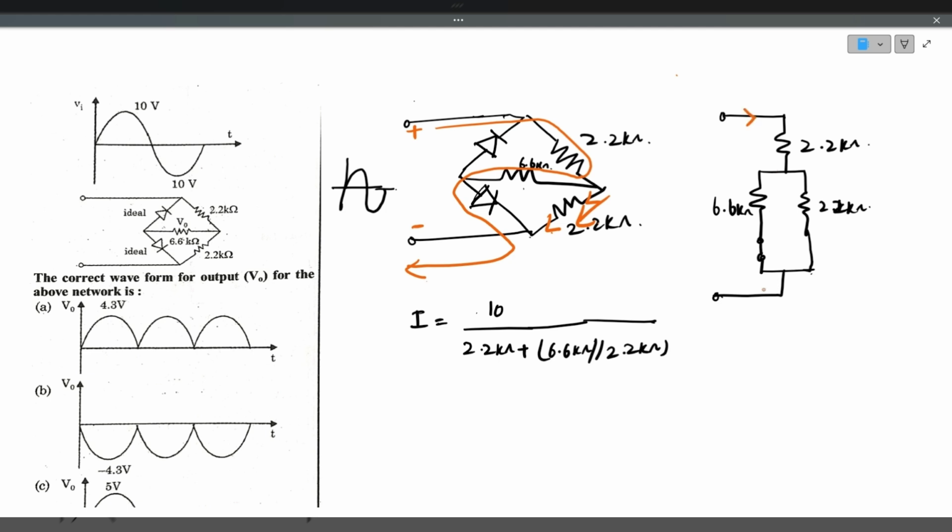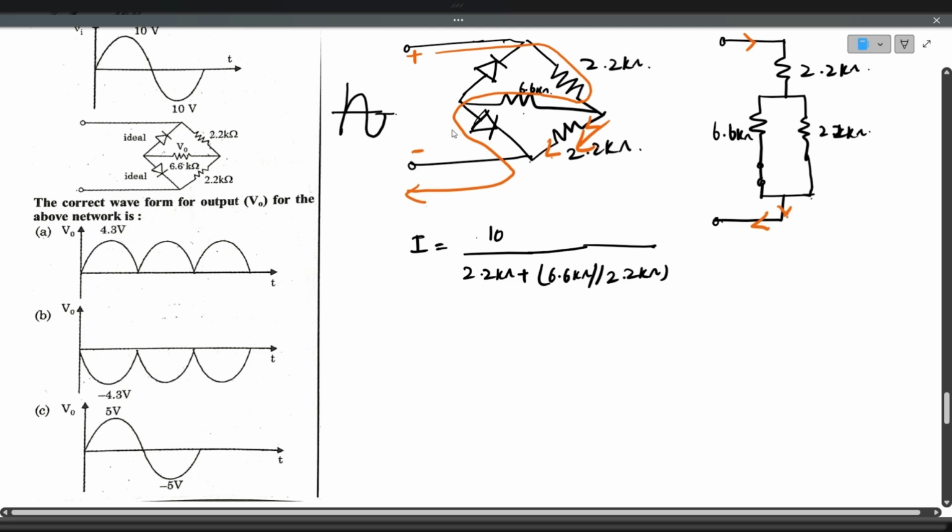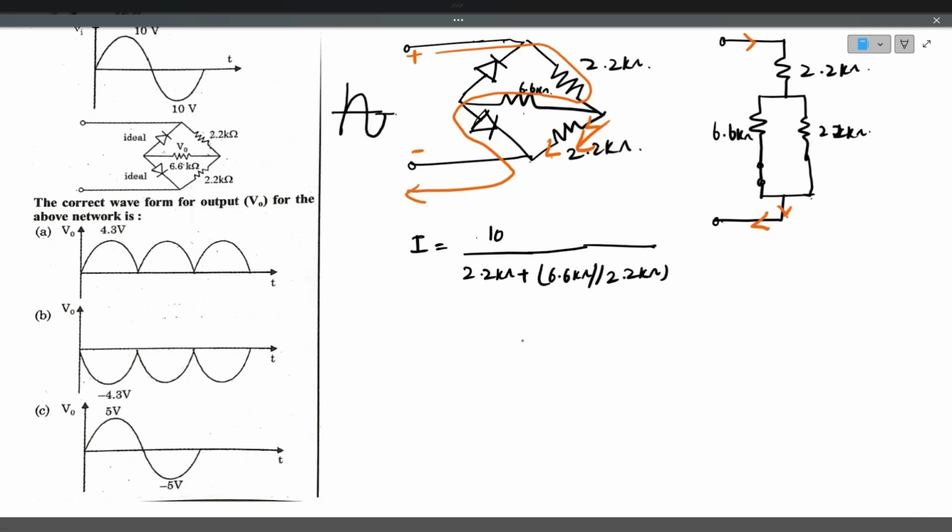This is the entire current that is flowing. Okay. Now the output voltage will be, what is output voltage? The output voltage is nothing but the current multiplied by this parallel combination of 6.6 kilo ohm and 2.2 kilo ohm.